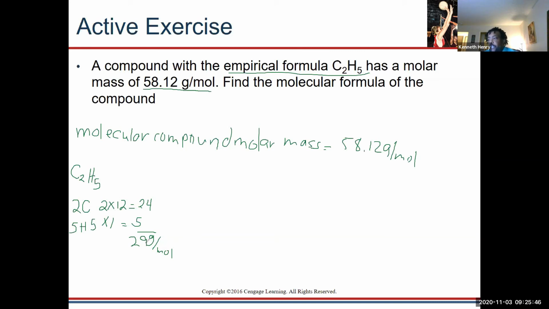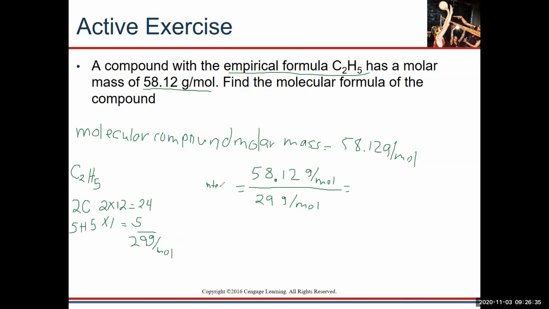To get the integer that I need to multiply by, I just divide the molar mass of my compound by the molar mass of my empirical formula. So what am I going to get? 2.00, or 2.